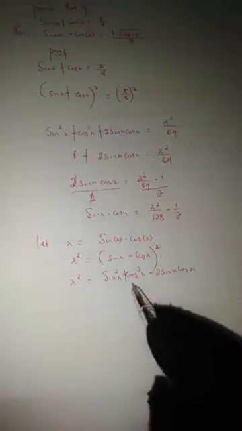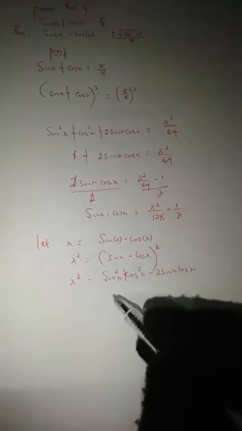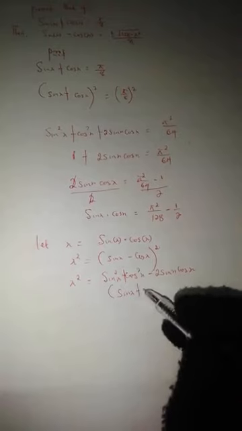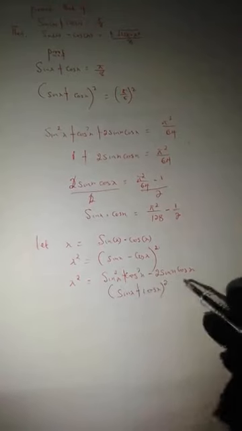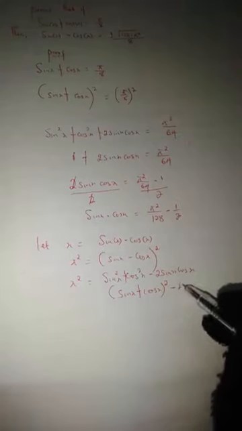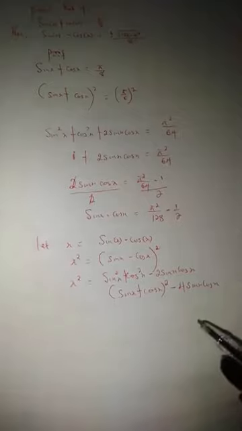Now we know that this right hand side is the same thing as sine x plus cos x squared, then minus 4 times sine x times cos x.